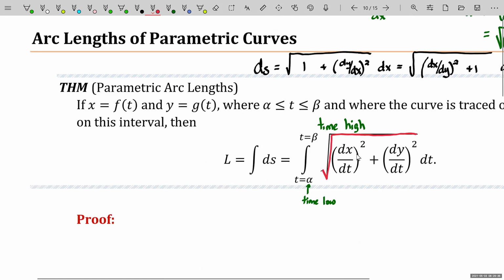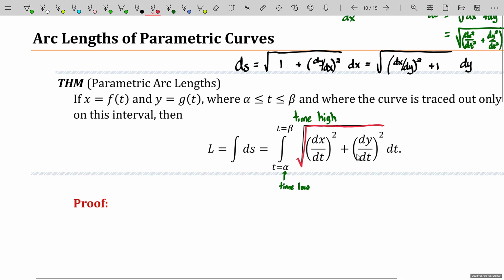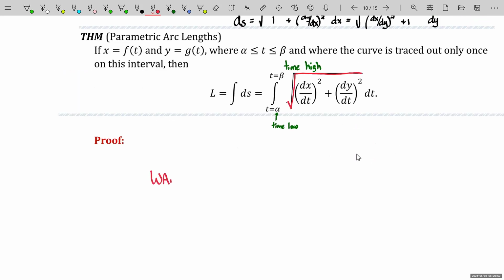So I guess the punchline is this. With parametric integrals, all of them will go from time low to time high with the exception of areas. So I'll put that as a warning. I think I have it as a warning in my lecture notes, but I'll write it here again.